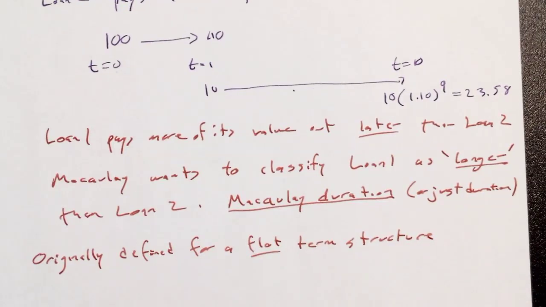To have a term structure that's flat? What's a flat term structure?